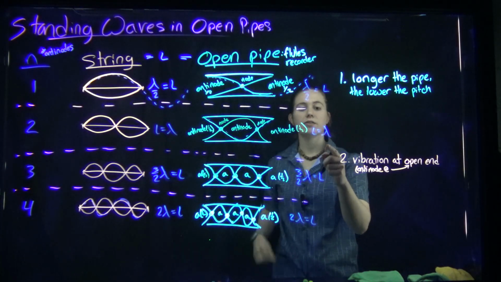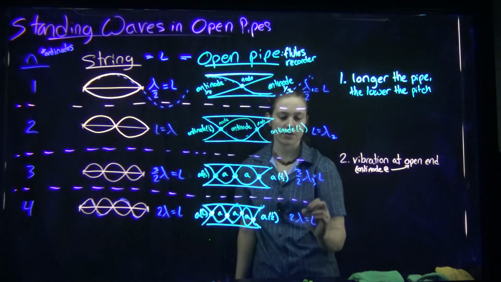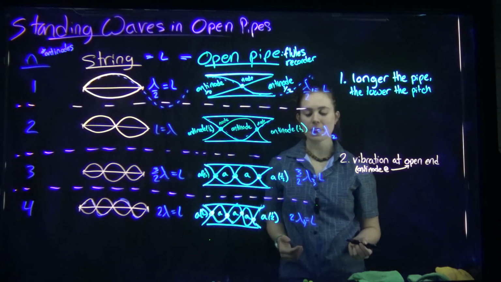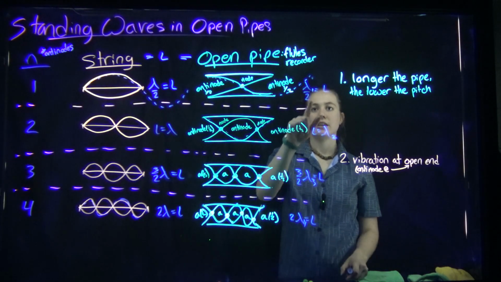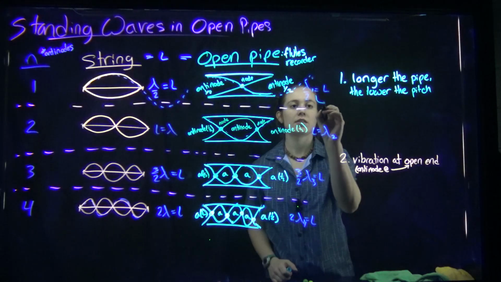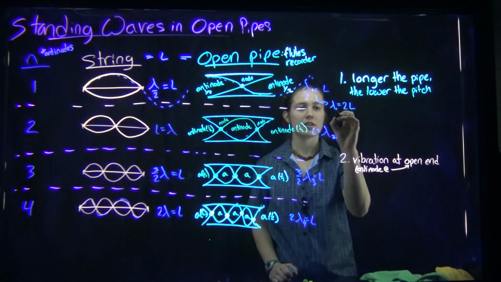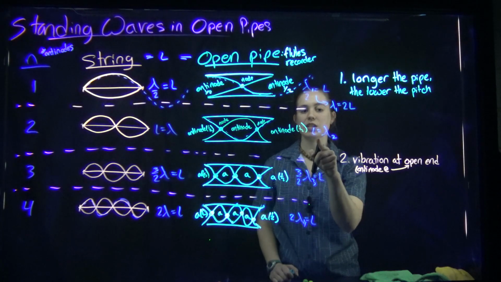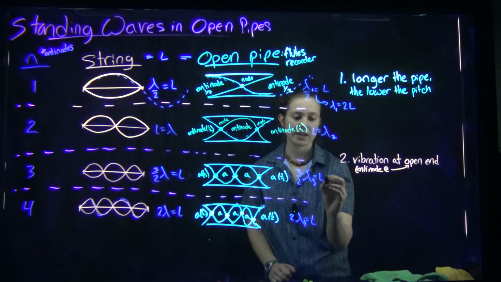So if you look at all of these wavelengths, that's our first, second, third, and fourth, you can see they're getting shorter relative to L, right? Here, we have lambda is equal to 2L. Over here, lambda is just equal to L, so it got smaller by a half.